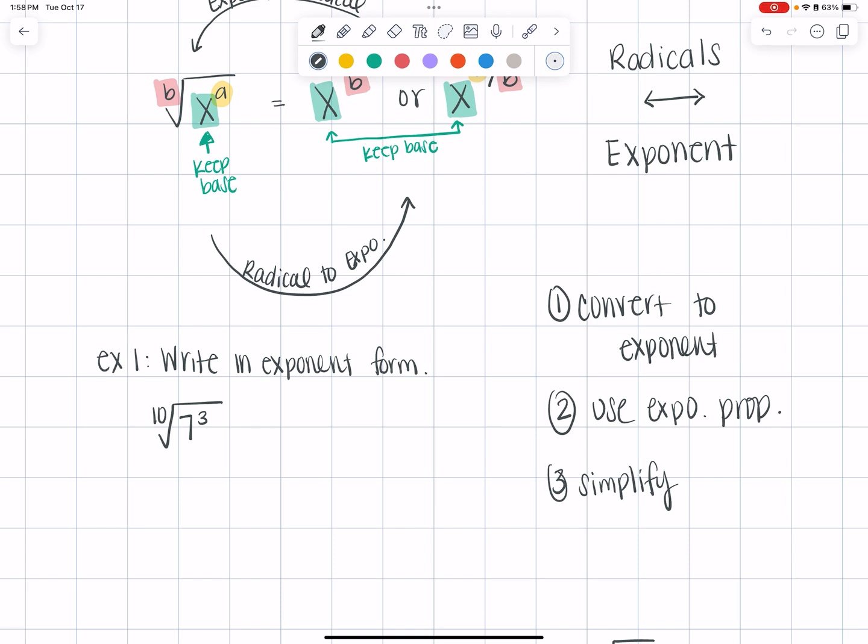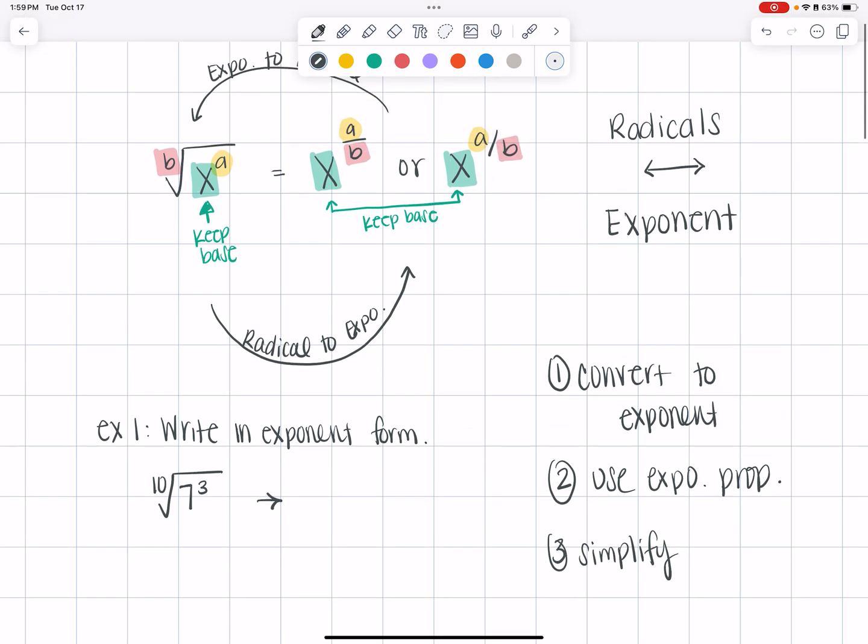Here's our first example. Write in exponent form the 10th root, so that's what this means, the 10th root of 7 to the third power. So I want to take that radical and convert it to an exponent. So I'm going to use that property at the top of the screen. Base is going to stay the same. So my base is going to be 7.